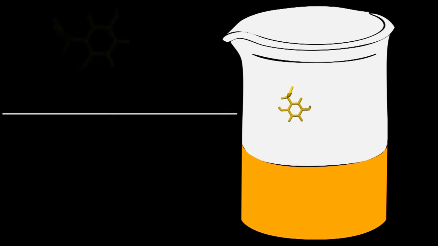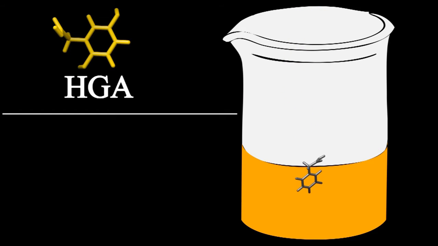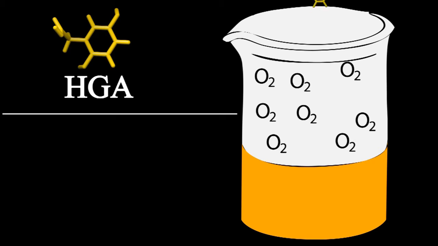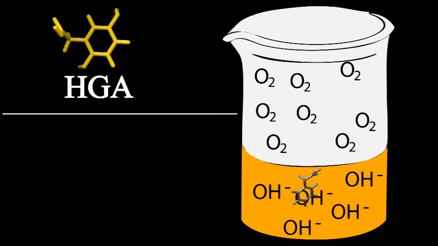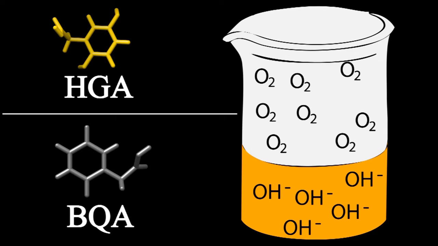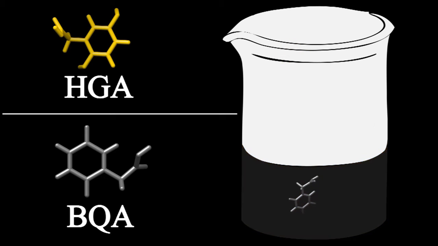However, HGA is readily oxidized by the oxygen from the air or by the addition of an alkaline solution to yield benzoquinone acetic acid, BQA. This causes the urine to turn black, which is the first symptom of AKU.